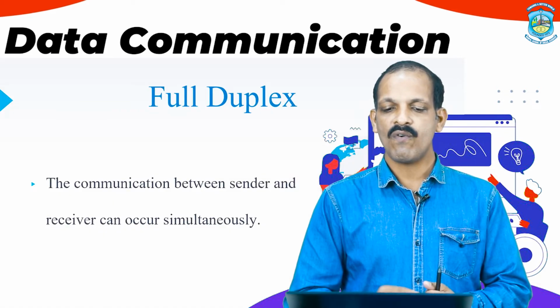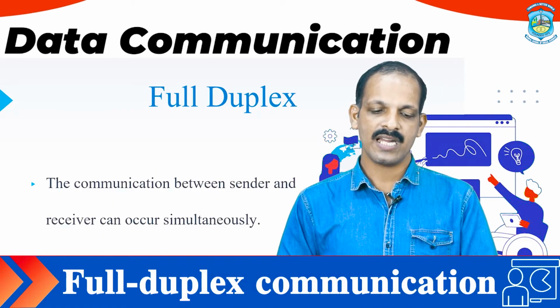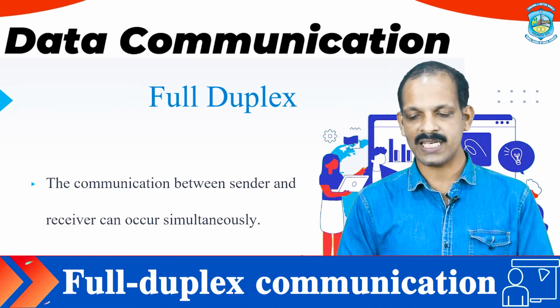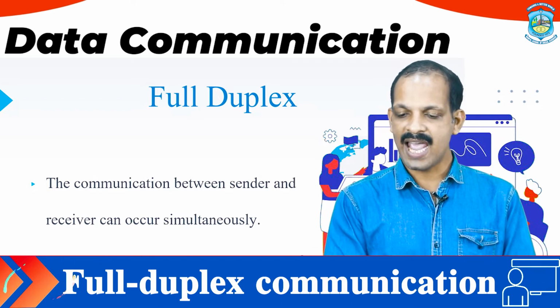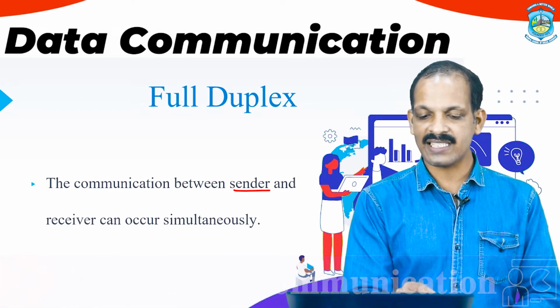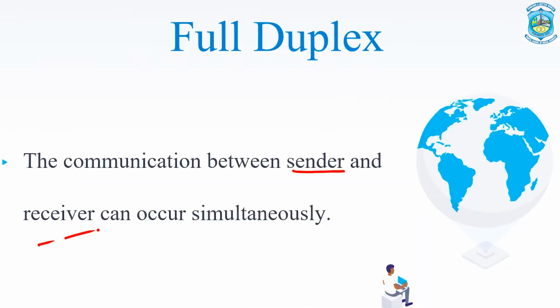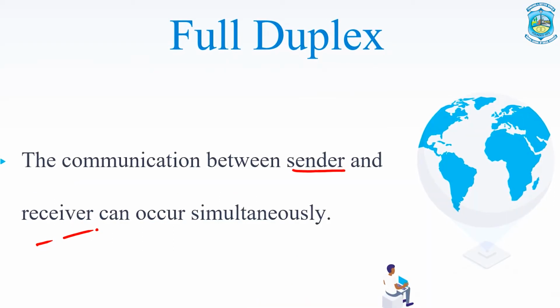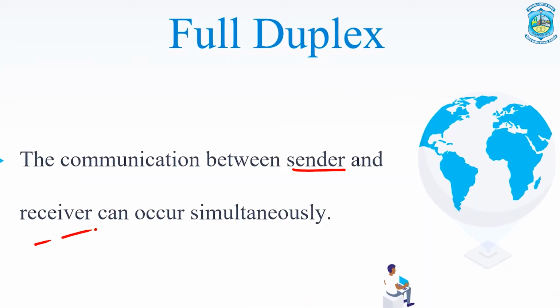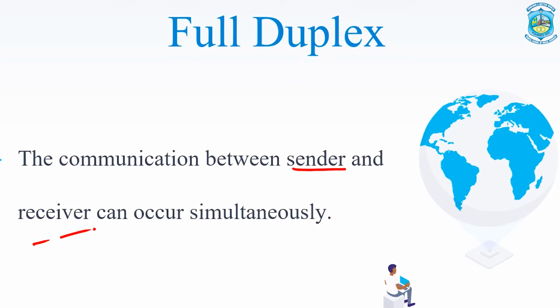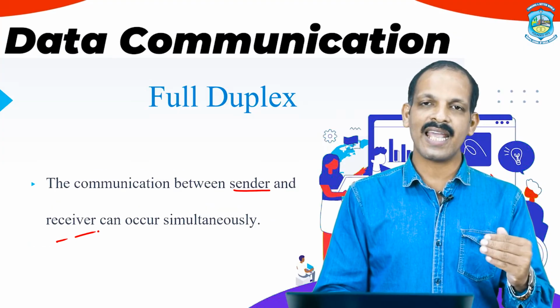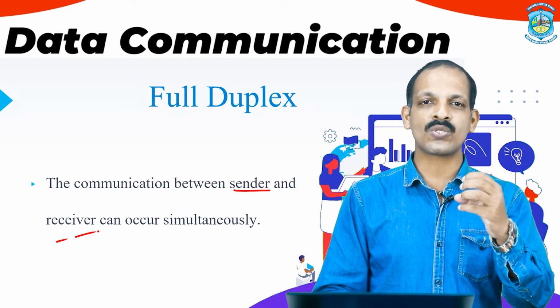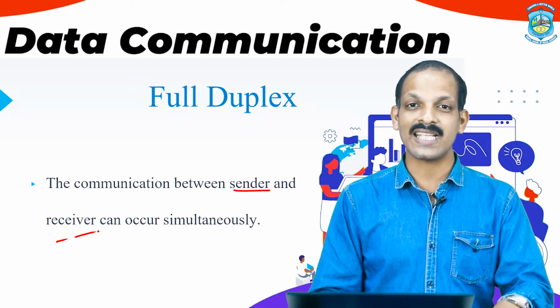Next is full duplex communication. In full duplex communication, a sender and receiver can send and receive data at the same time. That means the sender can send data and also receive data at the same time.